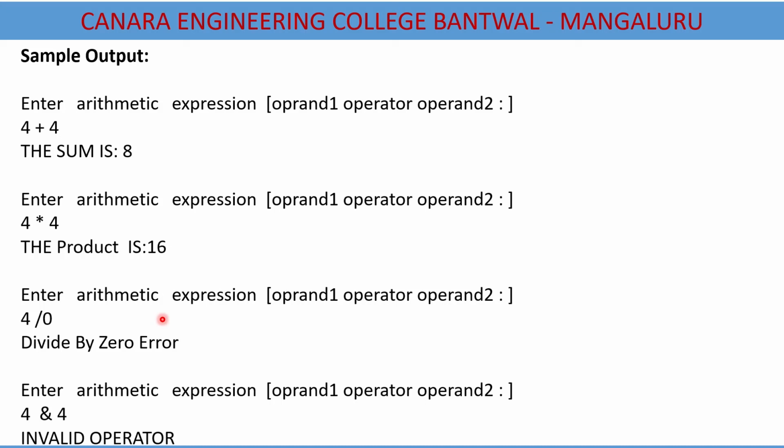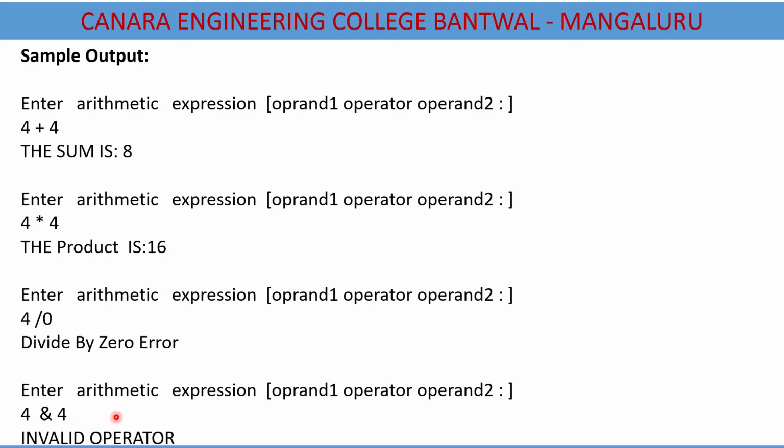Okay. Similarly, we'll go for one more input. I'll give something like 4 and 4. I'll give an AND operator and try to see what happens in the program. As there is no provision for the AND case in our program, it tries to search in the case values.